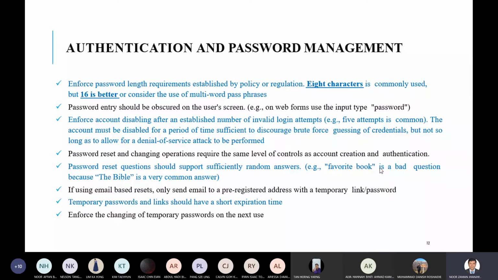And then the systems force password expiry, because there are so many users who use one password and never change it. That becomes a higher threat level.